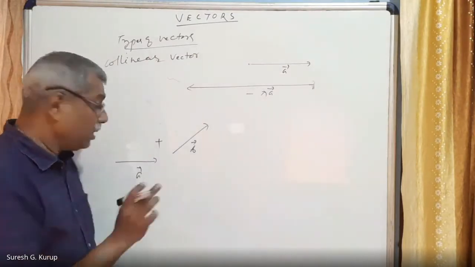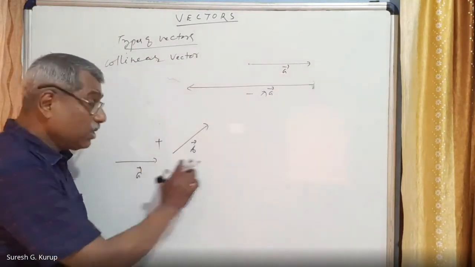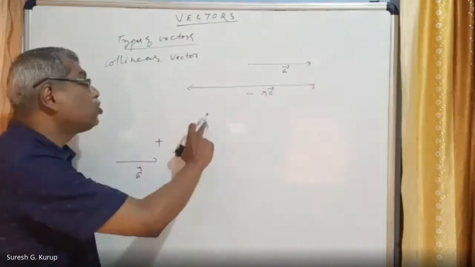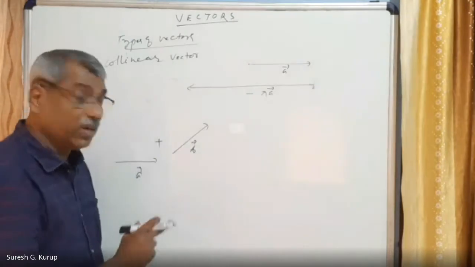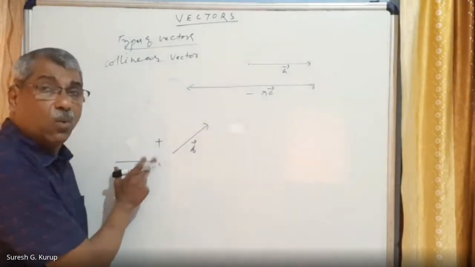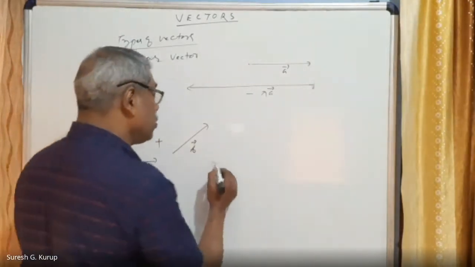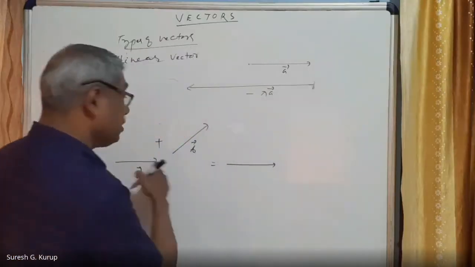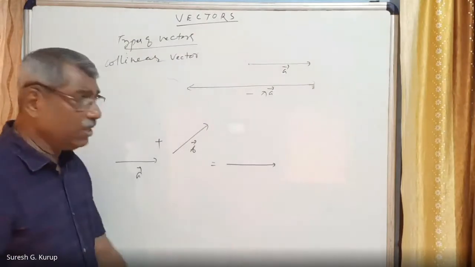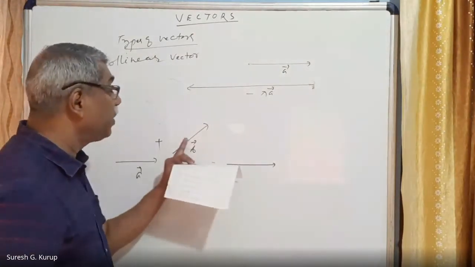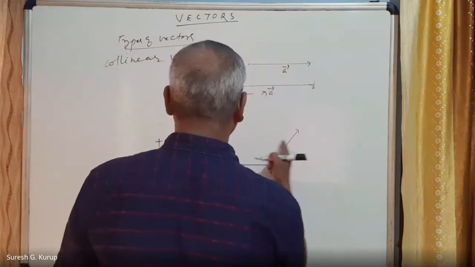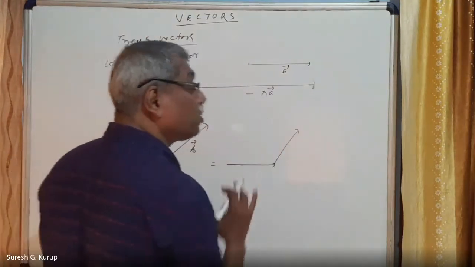But remember, the first side of the triangle will be parallel to this vector, and the next will be parallel to the other vector. So I am taking this as one side of a triangle, with the same magnitude and the same direction. Where this vector ends, the other vector is taken, also parallel. These two must be parallel, and the length must also be the same.